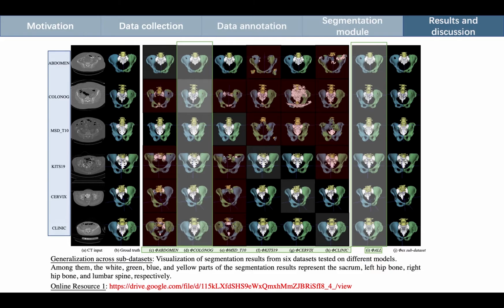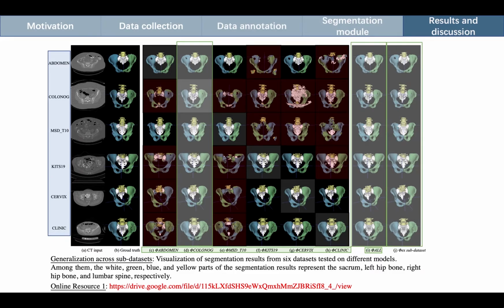This observation implies that the domain gap problem does exist, and the solution of collecting data directly from multi-sources is effective. Furthermore, we also implement leave-one-out cross-validation of these 6 metal-free sub-datasets to verify the generalization ability of this solution. Models are marked as EX sub-datasets. It means that we train the model with 5 sub-datasets and test on the other one.